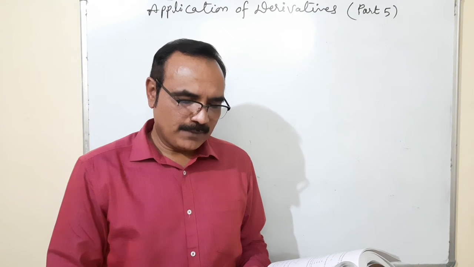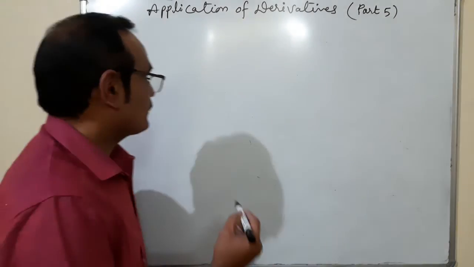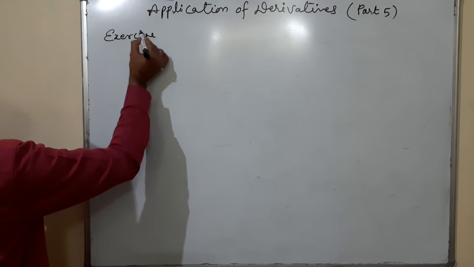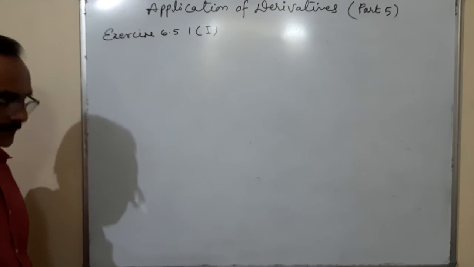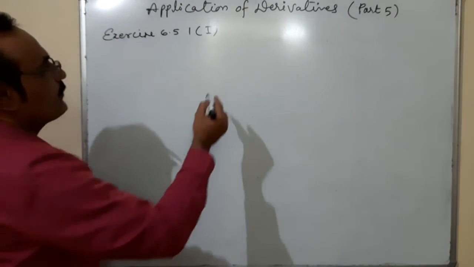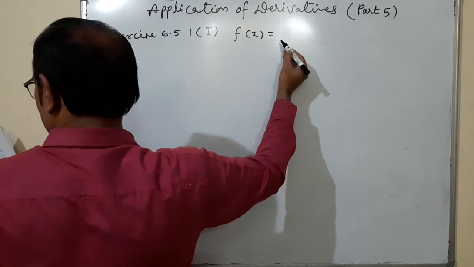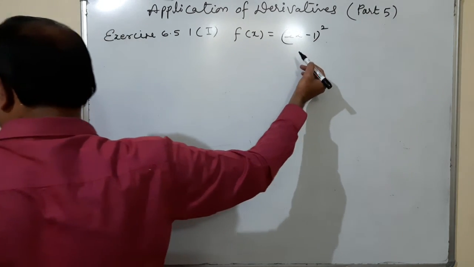Find the maximum and minimum values, if any, of the following functions given by. Exercise 6.5, first part: f of x is equal to (2x minus 1) whole square plus 3.